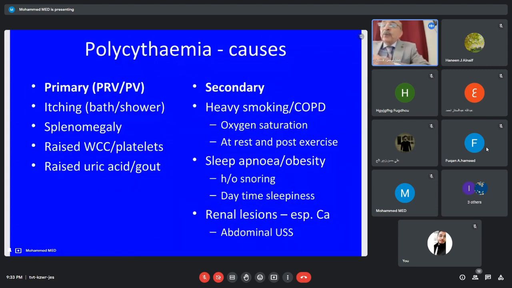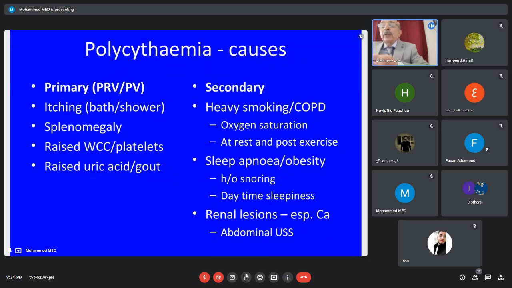Causes. The causes of polycythemia could be primary, and this is called polycythemia rubra vera, or secondary. The primary polycythemia rubra vera is not very rare, actually. It is a disease which you can see every now and then.